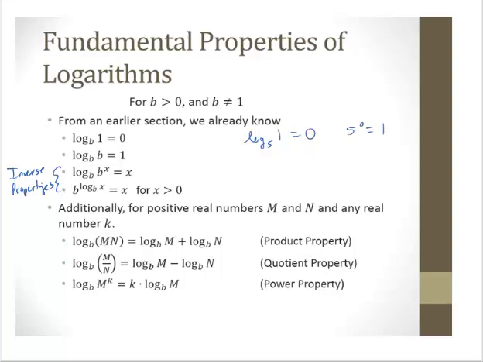Similarly, if we have a division, log base b of m divided by n is the log base b of m minus the log base b of n. And we have a power property for logarithms. The log base b of m to the k is k times the log base b of m. And these are important properties in helping us solve equations.